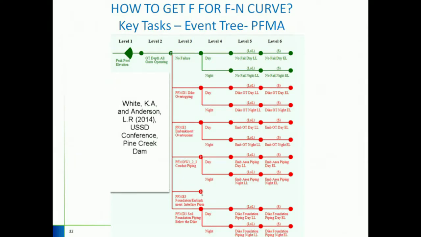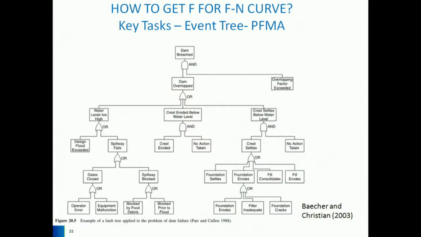Once you develop that for yourself, you can put it in one of those software tools, and they do the event tree calculations anyway. Here's another example from the book that I was mentioning earlier. You can see a chain of events.